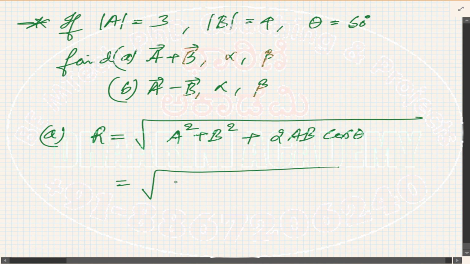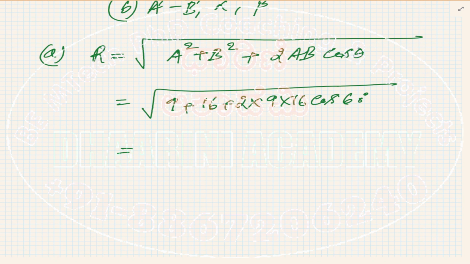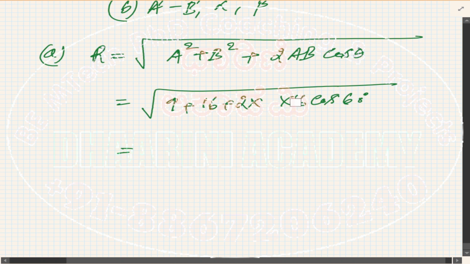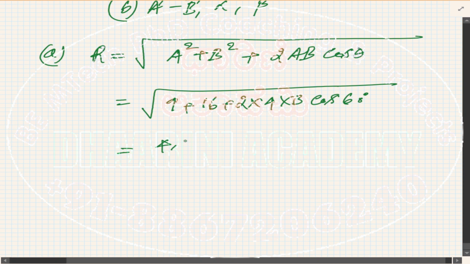So this is 3 squared, 9, plus 4 squared, 16, plus 2 times 3 times 4 times cos 60 degrees. Please simplify this. One mistake: this has to be 3 and 4. This is 3, this is 4. That gives about 4.94.